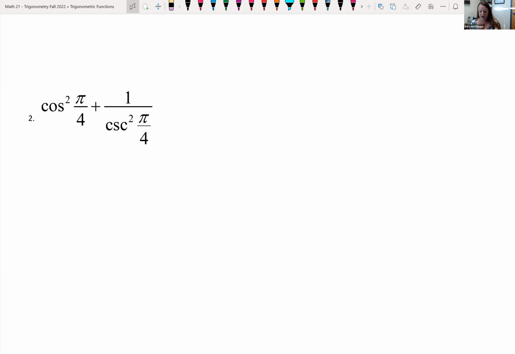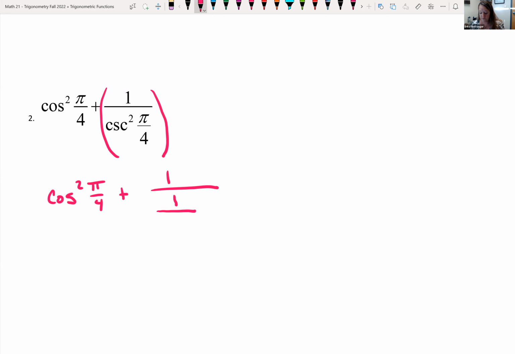So with what we've been talking about today, I noticed that we have 1 over cosecant squared of pi fourths. Let's think about cosecant, we can rewrite this. So let's bring everything down. Cosine squared of pi fourths plus 1 over cosecant squared of pi fourths. Cosecant is 1 over sine, so this is 1 over 1 over sine squared of pi fourths.